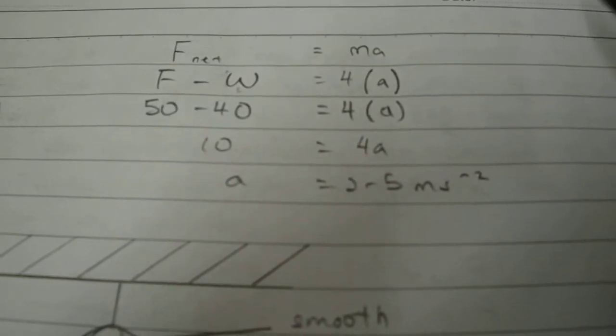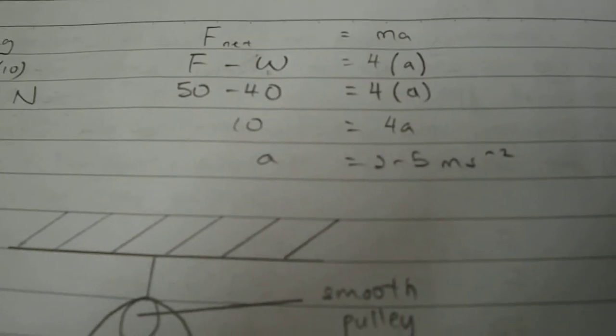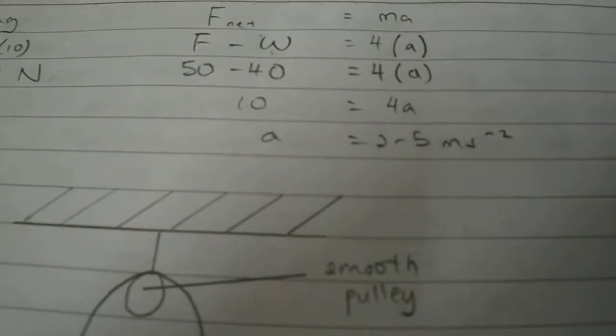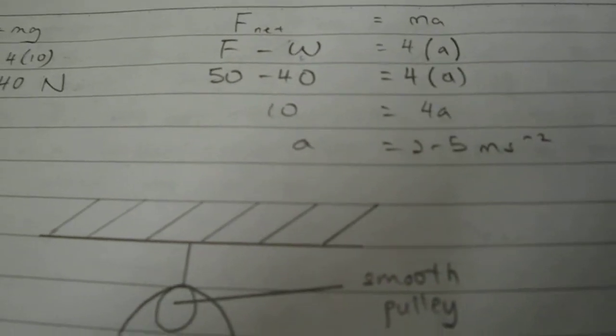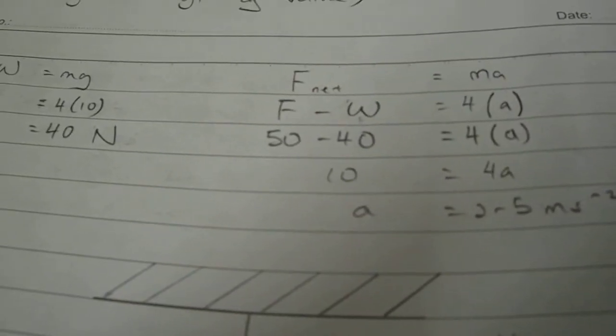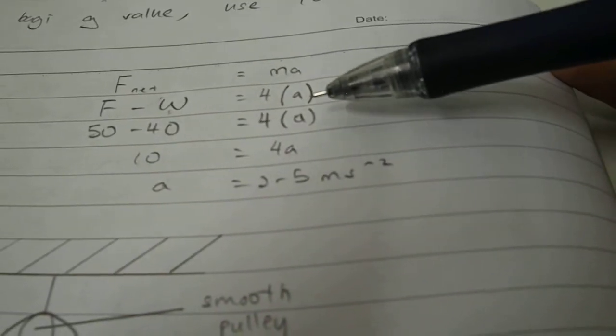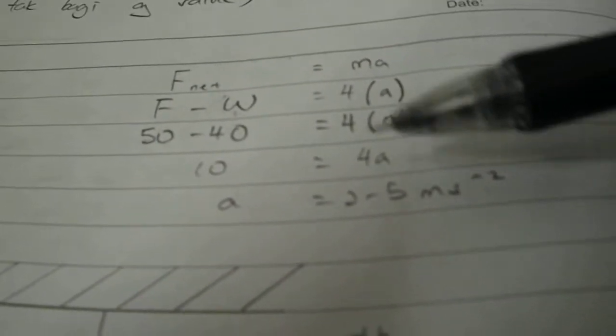And F net equals ma, where since there's no frictional force acting on this object, you have to subtract the weight because the force you are exerting on the object has to overcome the weight of the object to actually move it. So the weight of the object is 40 Newton, and the force applied is 50. 50 minus 40, you get 10 equals 4a, you want to find a. So 10 equals 4a, bing bang boom, a equals 2.5 m/s^-2.